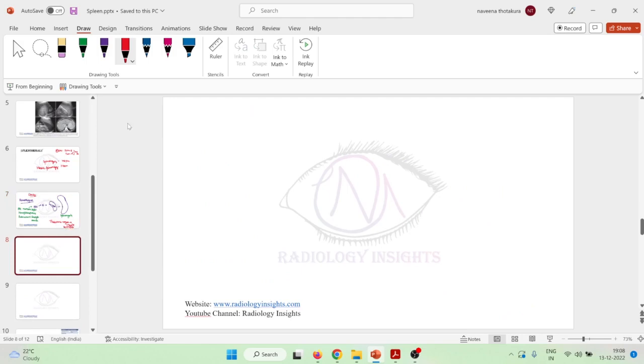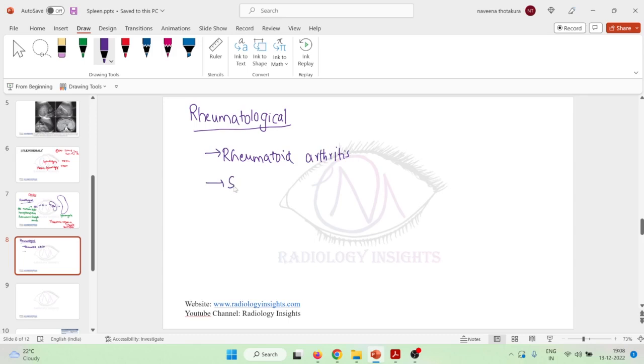Then the next important cause is rheumatological causes resulting in splenomegaly. In rheumatological causes, we have rheumatoid arthritis, systemic lupus erythematosus and sarcoidosis.